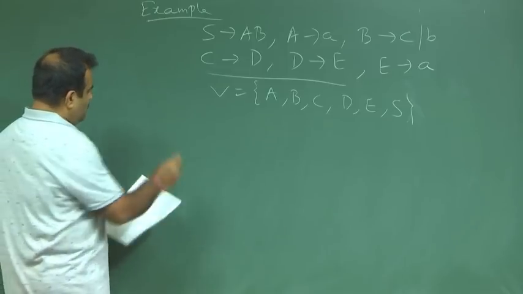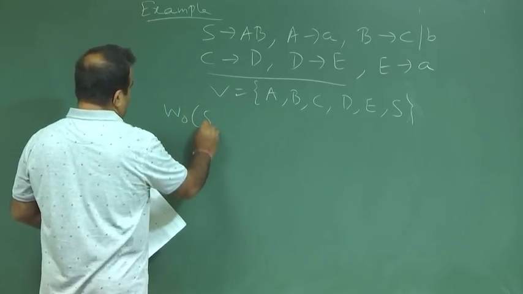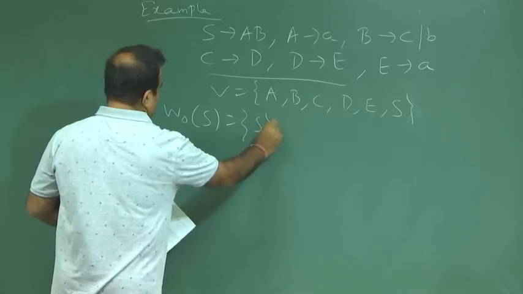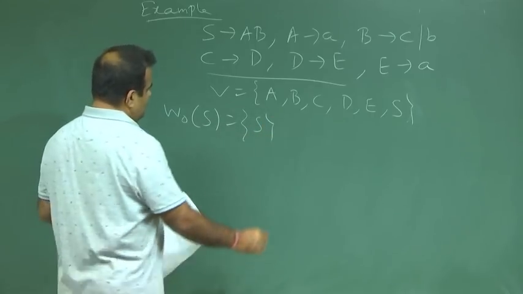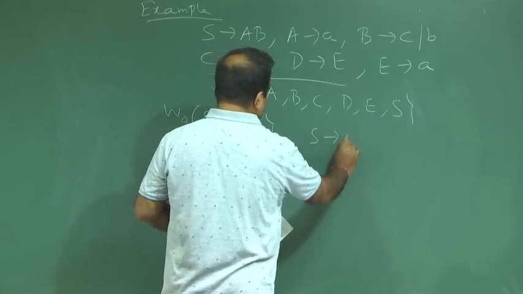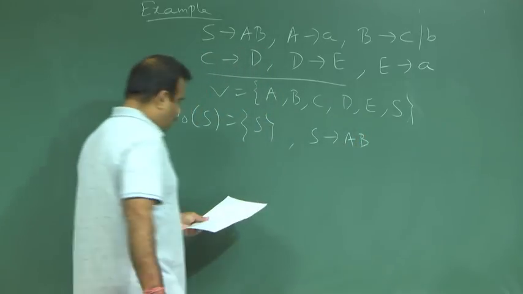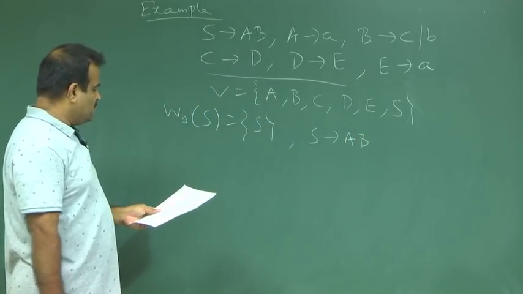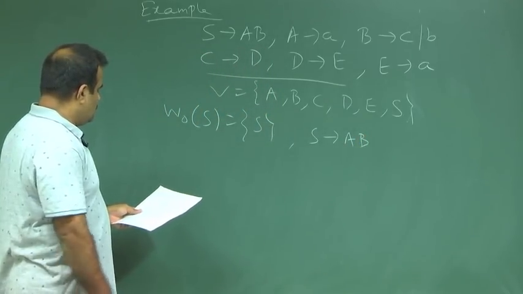First we want to find W of S. S goes to AB.